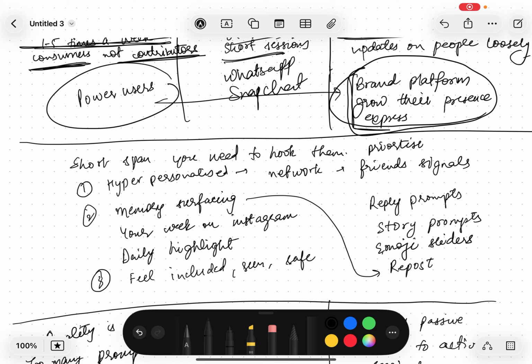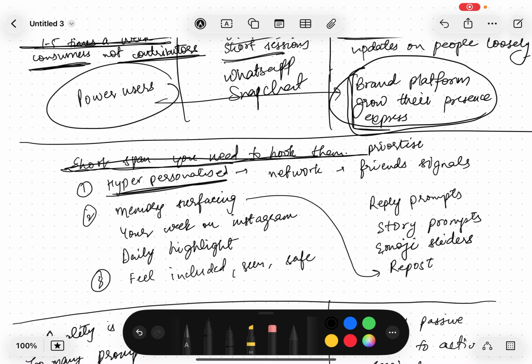So one thing is that within a short span we need to hook them. We can send them hyper personalized content like TikTok does. On TikTok, whatever you are liking or reacting to or commenting on gets fed into the algorithm, so it learns what type of content you like, and you are shown that type of content.